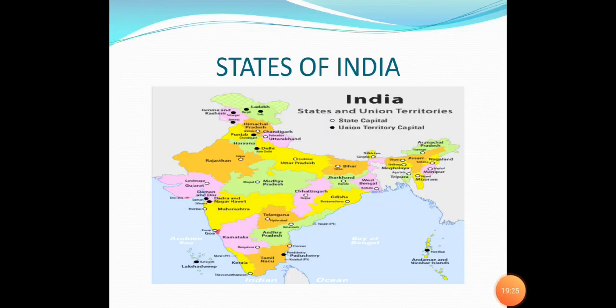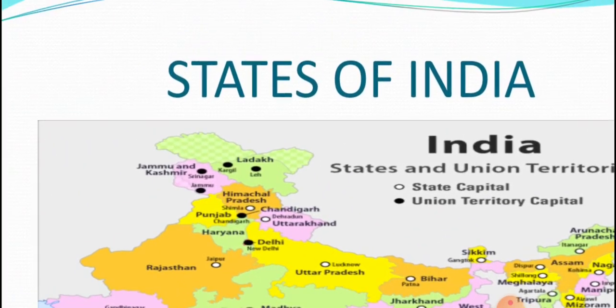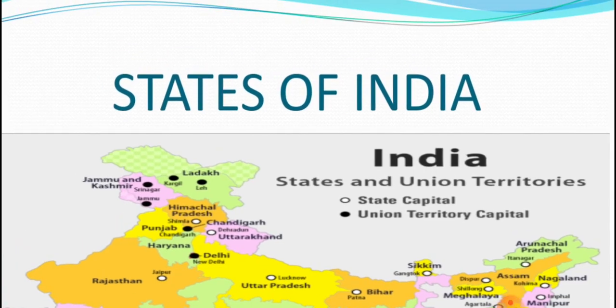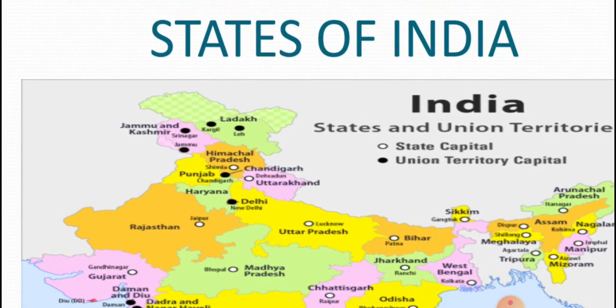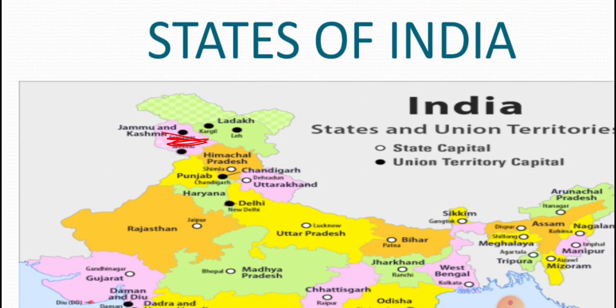Now states and union territories of India. You must be aware that recently J&K, Jammu Kashmir, was converted. You can see over here Jammu Kashmir. Now it is a union territory, and Leh Ladakh here in the green are also union territory.